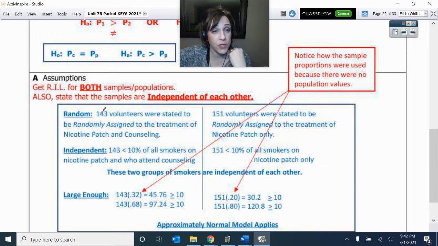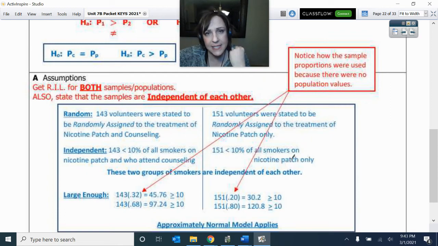So we had 143 volunteers randomly assigned to the treatment of nicotine patch and counseling, and 151 volunteers randomly assigned to the treatment with the nicotine patch only. Independent: that 143 is less than 10% of all smokers on nicotine patch who attend counseling, and 151 is less than 10% of all smokers on nicotine patch only.